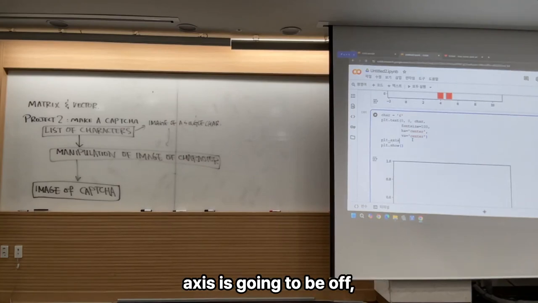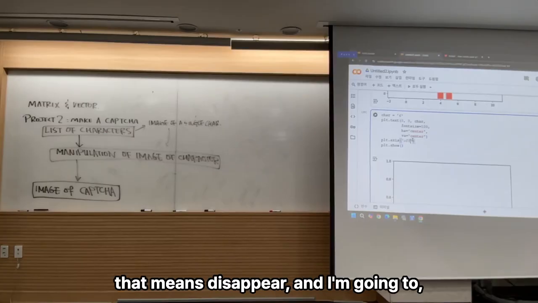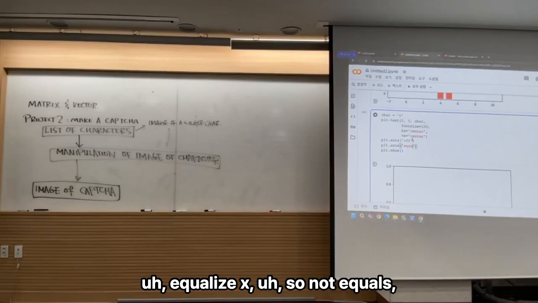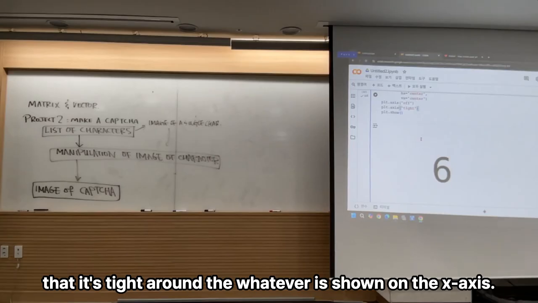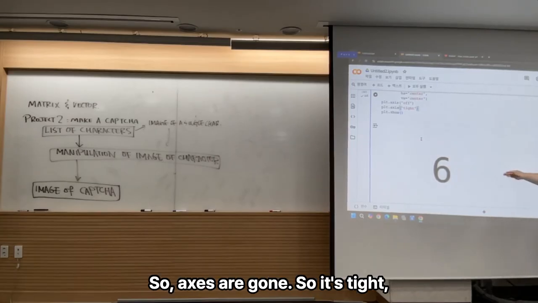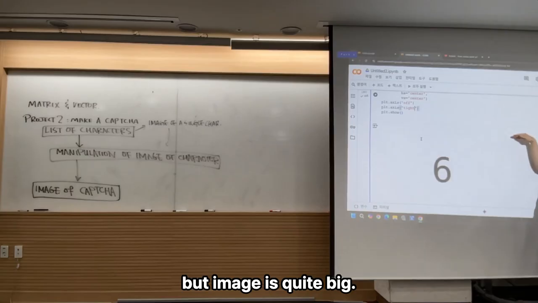So axis is going to be off. That means disappear. And I'm going to equalize x. So not equals. Equal doesn't mean anything here. I want to make it tight. So tight means that it's tight around whatever is shown on the x-axis. So axes are gone. So it's tight, but the image is quite big.